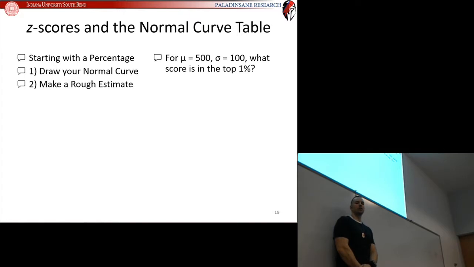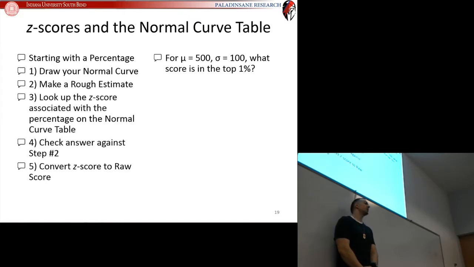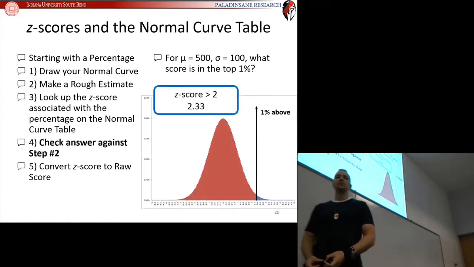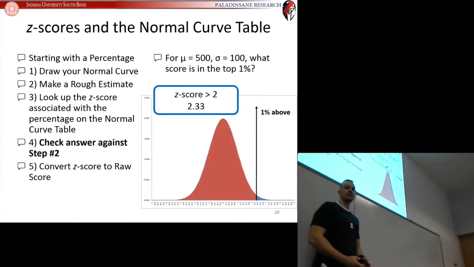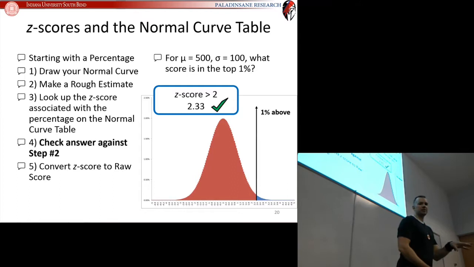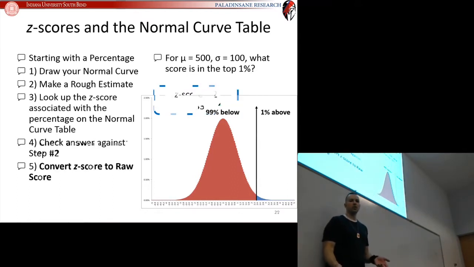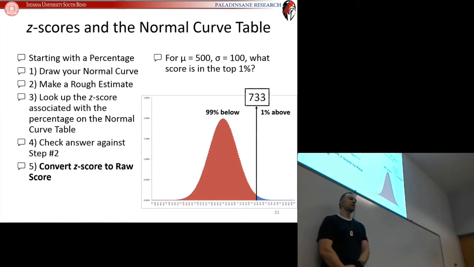And once again, it was a 5-step procedure. In your book, once more, 4 steps. I added in the extra one, draw your normal curve. Be sure to do that. And we saw that in this case, you end up with a z-score, and then that will give you your raw score, which for this one was 733. So if you score 733, that will put you in the top 1% of that distribution.